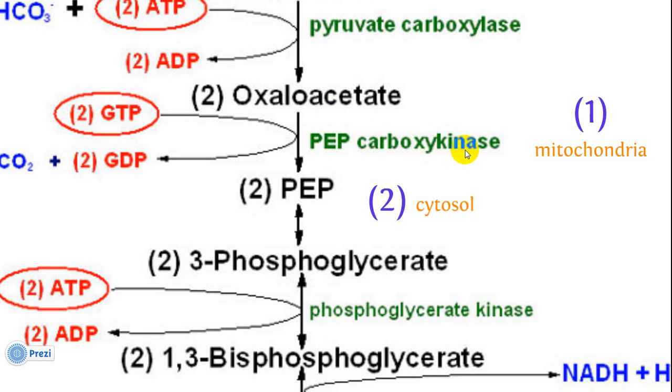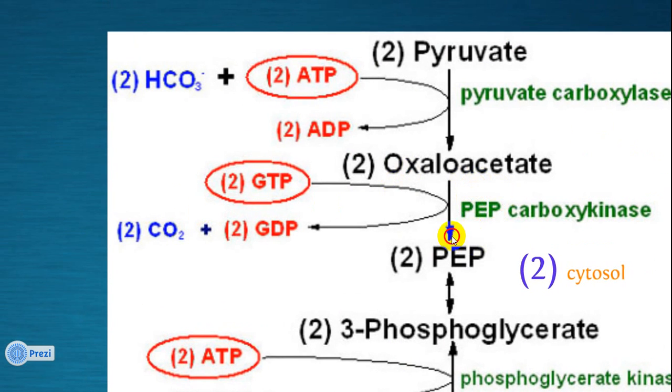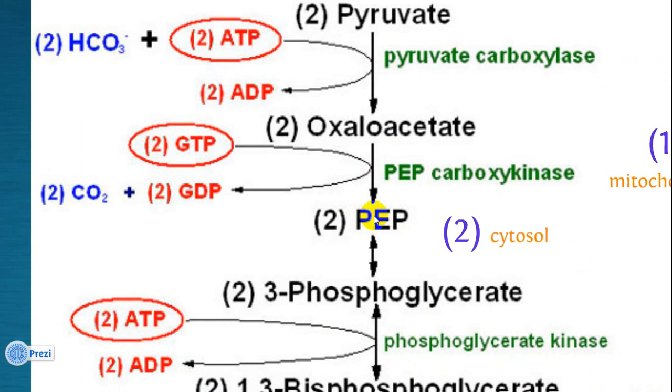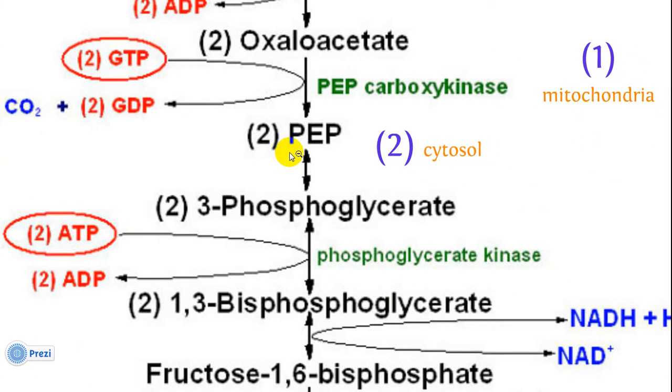So the carboxykinase will first add a CO2 to the oxaloacetate, and it will also take a phosphate group from the GTP and add it to the oxaloacetate. So here we will have the phosphoenolpyruvate. Now this step is done in the mitochondria, and here we will be in the cytosol.